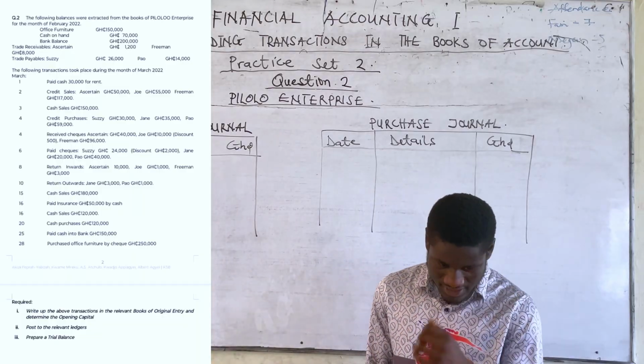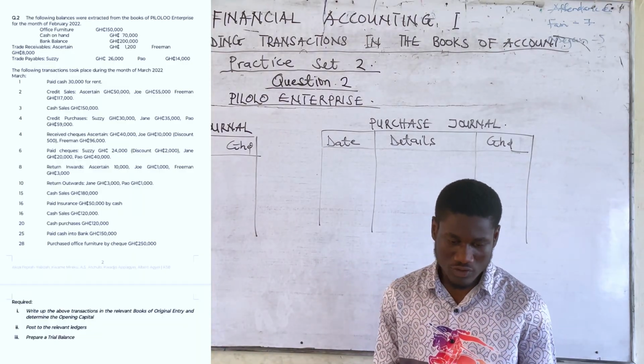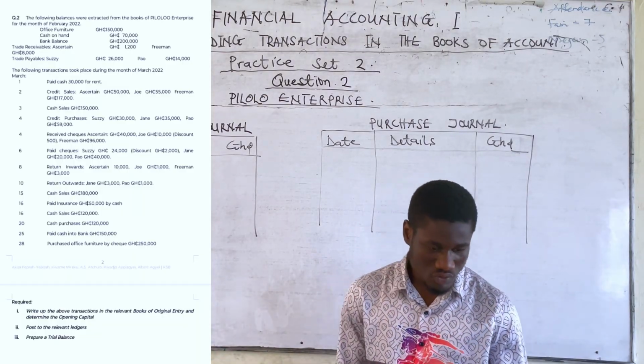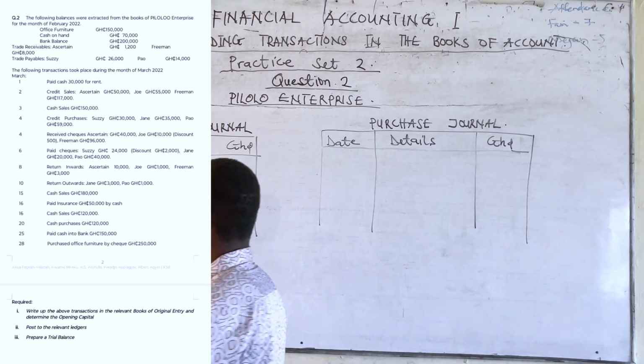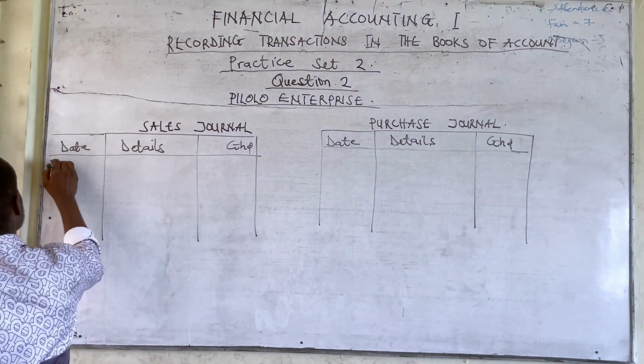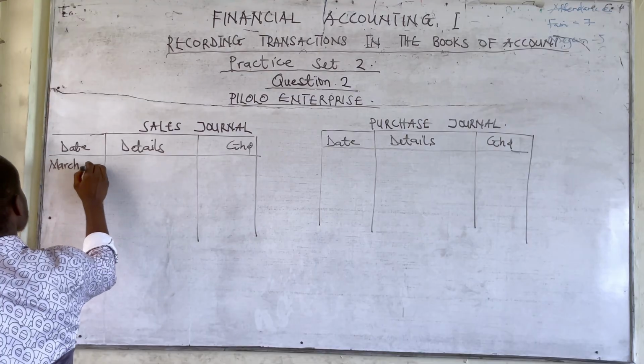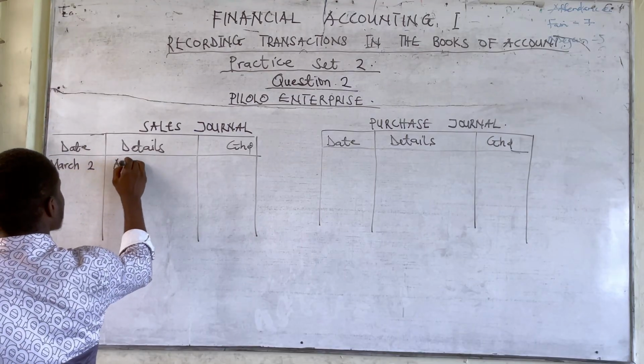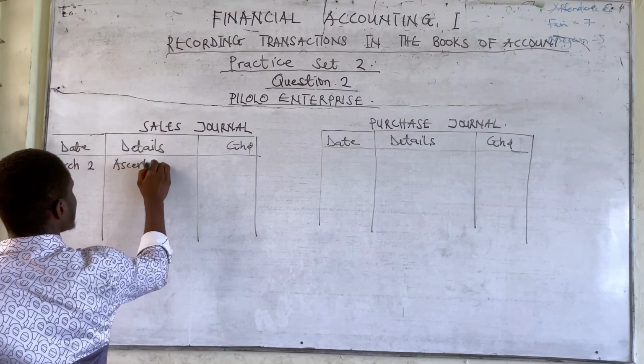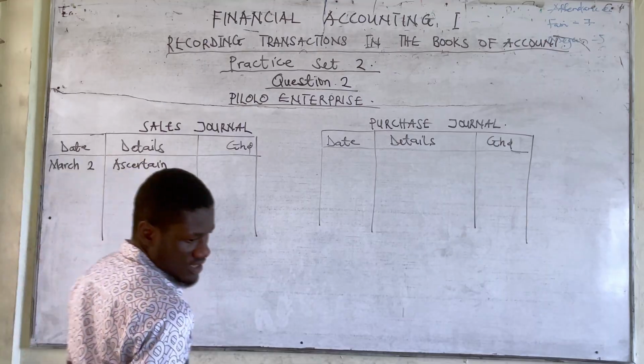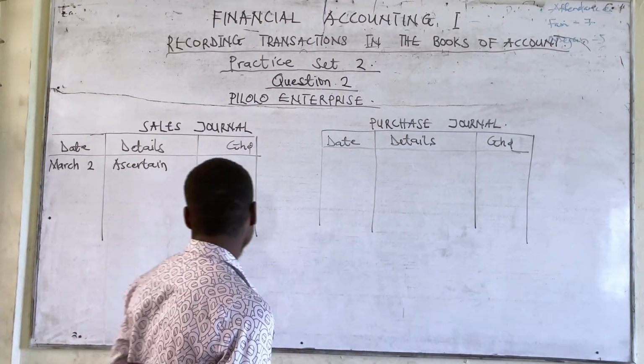The credit sales were involving Asante, Joe, and Freeman.